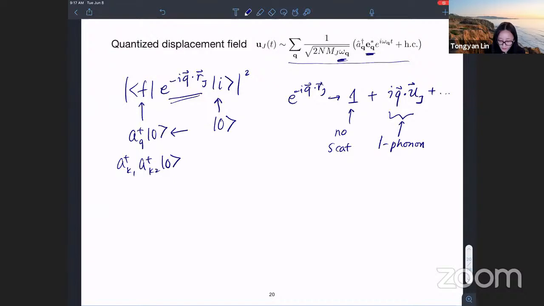You can also get two phonon terms, which we won't worry about. So this dynamic structure factor, once we have some methods to compute this, which will come from the condensed matter side, we can directly compute a one phonon form factor, two phonon, and so on.